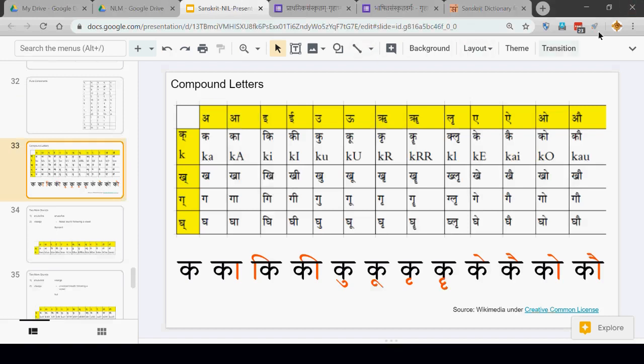So let's see here. Can anybody want to try this entire line, starting from the first compound consonant k to cow, sounding it?